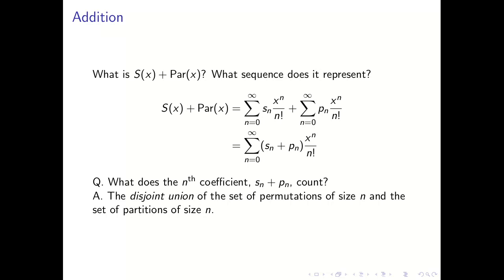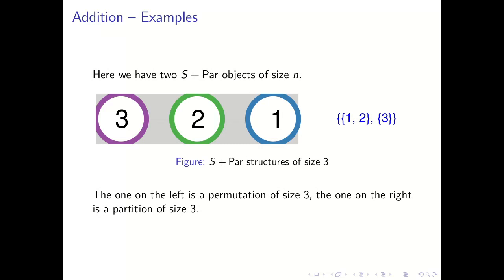But when we think about the disjoint union, then just because both sets had a 2, we're still going to try and remember that they came from different sets. So that'll make a bit more sense in a second. So what we're counting here are what I would call an s plus par object of size n. So each s plus par object is either like this thing on the left.